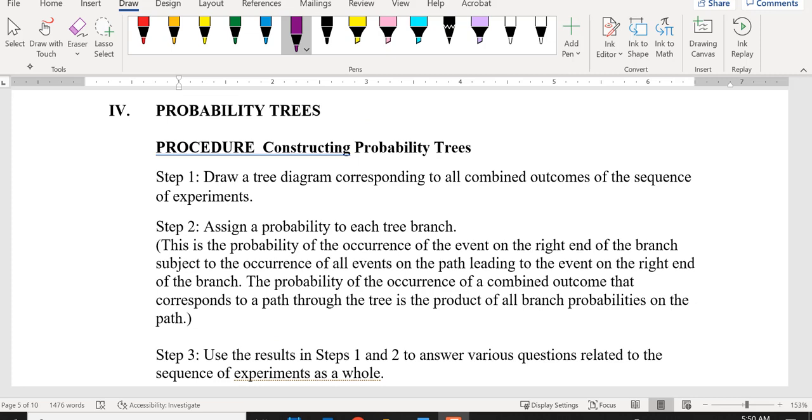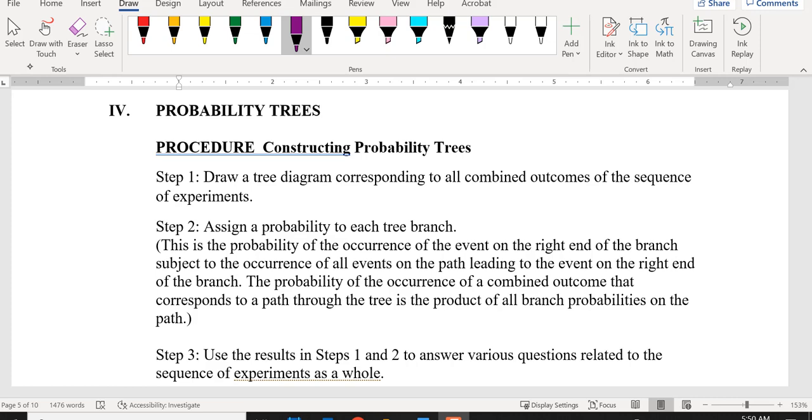Now let's go talk about probability trees. So the procedure for constructing probability trees is as follows. Step 1, draw a tree diagram corresponding to all combined outcomes of the sequence of experiments. Step 2, assign a probability to each tree branch.